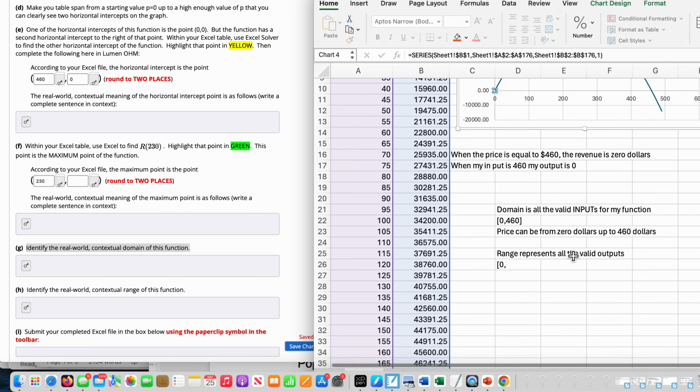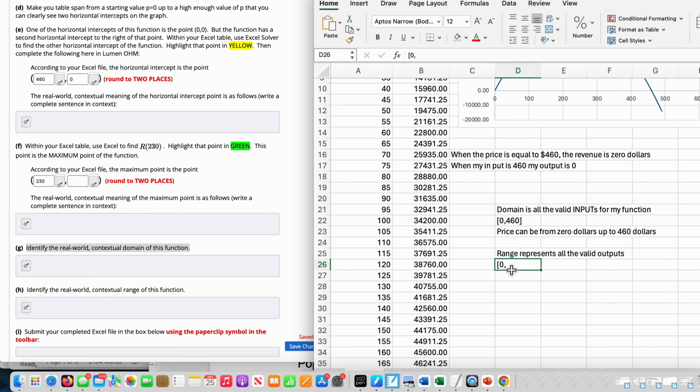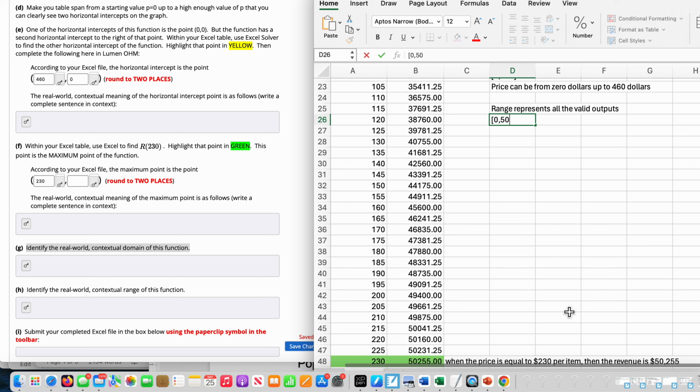That's the maximum revenue, $50,255. And this says the revenue can be from $0 up to $50,255.